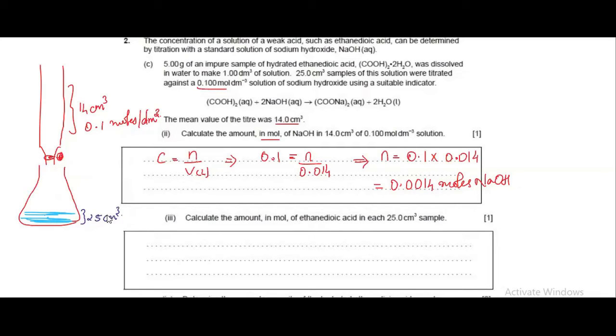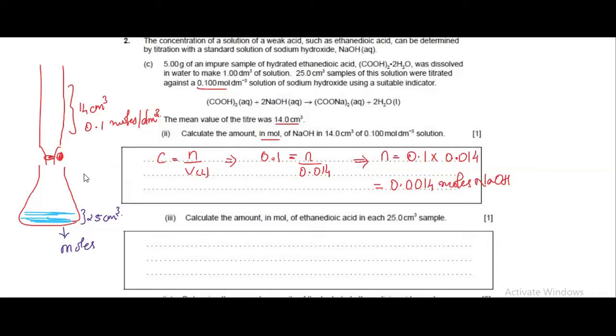So the second part of the question is asking how many moles of the acid are there in this 25 centimeter cube, not the entire 1 liter, just the 25 centimeter cube. How many moles of acid are there?